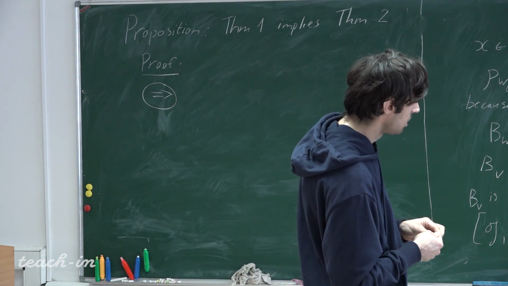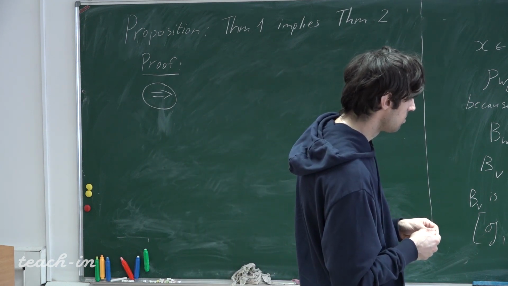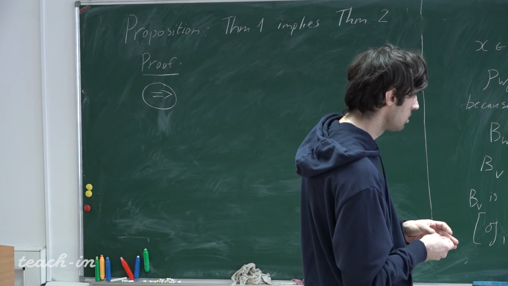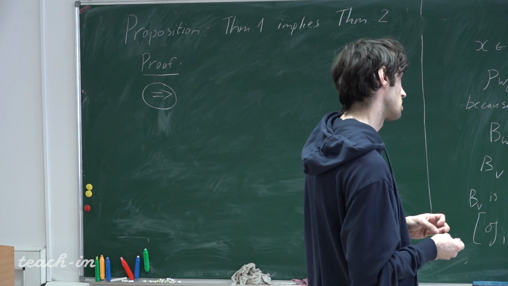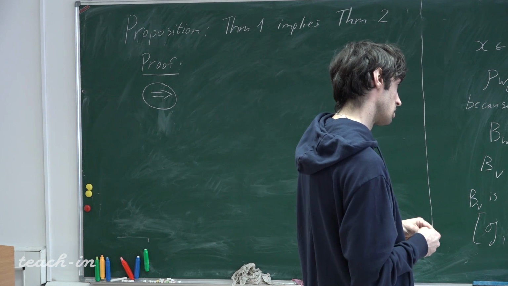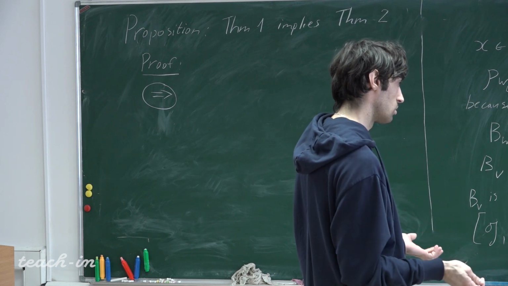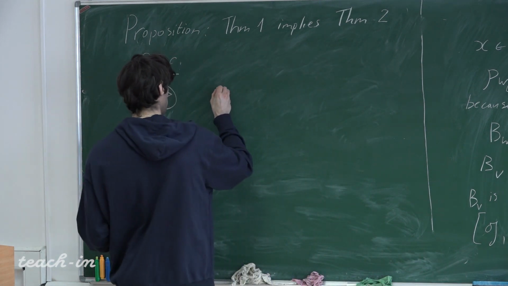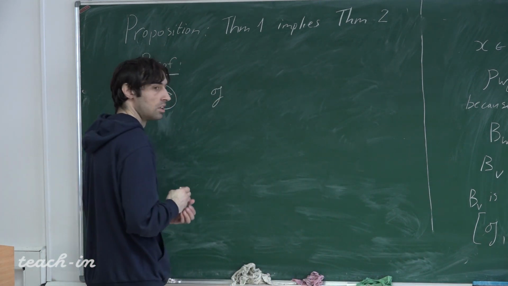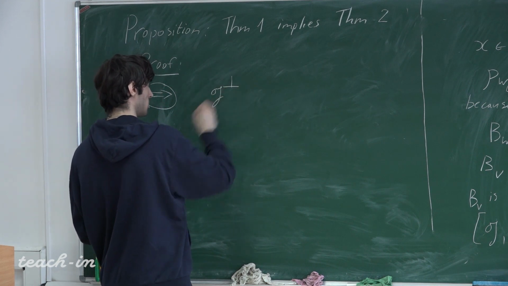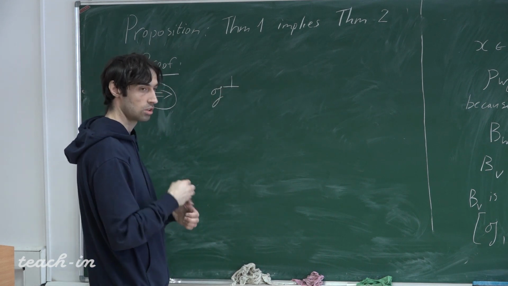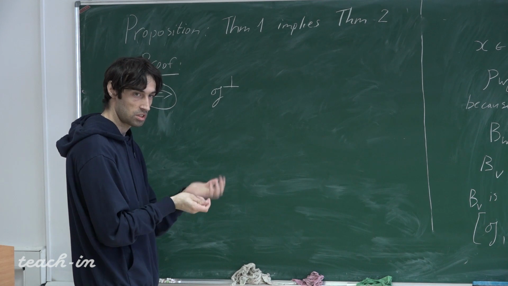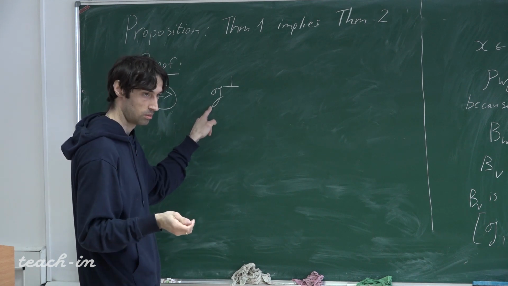So suppose that G is semisimple, and we would like to see that K is non-degenerate. Well, it's kind of natural what to do here. I take G orthogonal complement to G. This is called the kernel of a form, right?